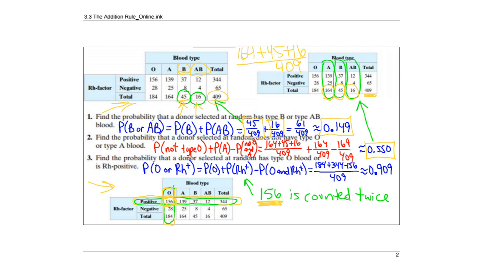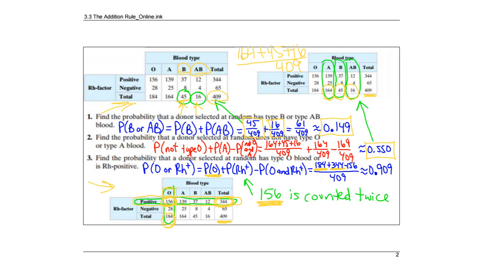So what I'm going to do is take the probability of type O, so that would be 184 over 409. That's right here. I'm going to take the probability of RH positive. So that's the 344 right here that I put in my formula here.